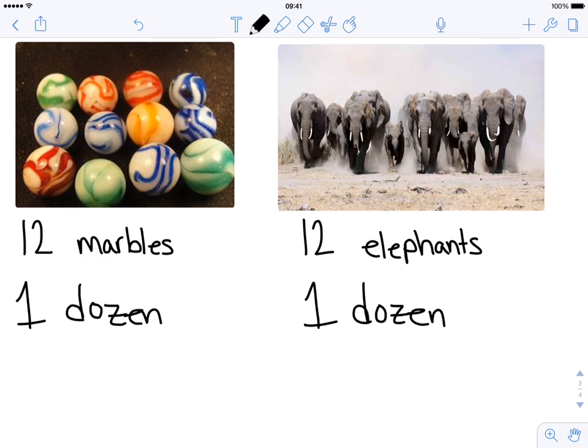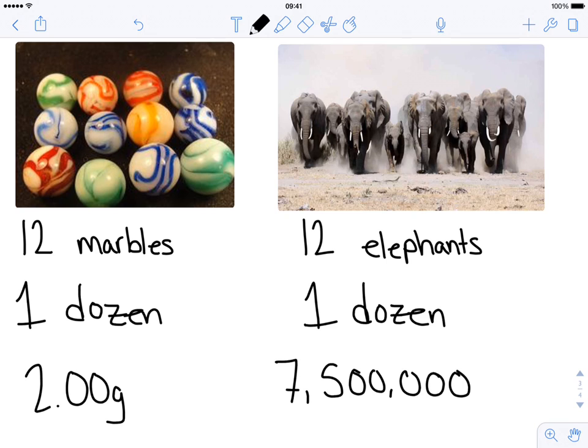Now, for the marbles, if we just pretend that each marble was the exact same size and weight, the approximate mass of a dozen marbles would be around 2 grams. And if we thought the same thing for the elephants, if we pretend that all these elephants were the same size and weight, the approximate mass of a dozen elephants would be 7.5 million grams.